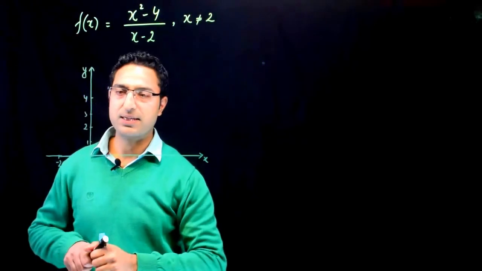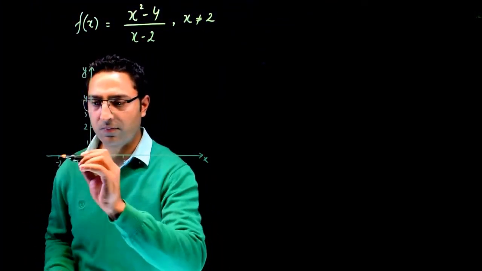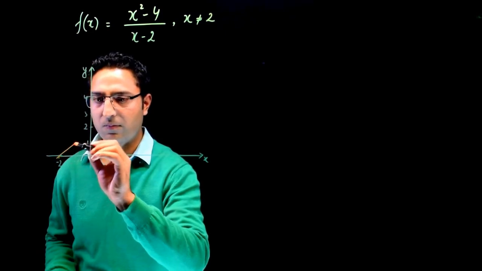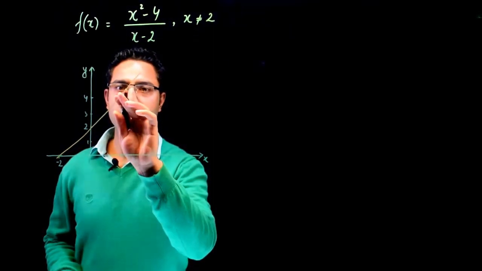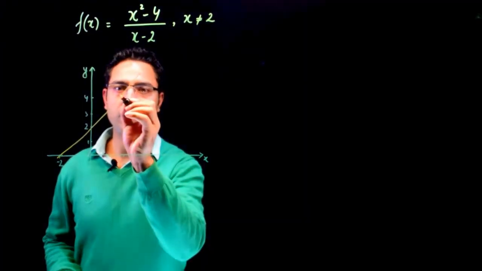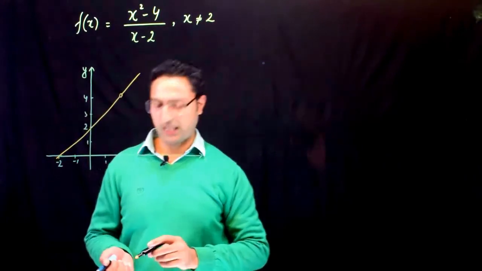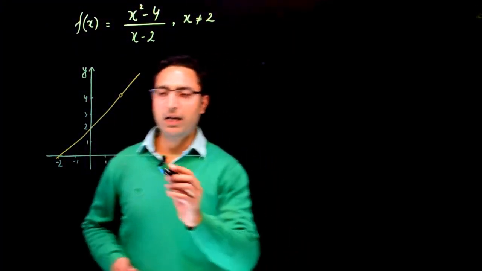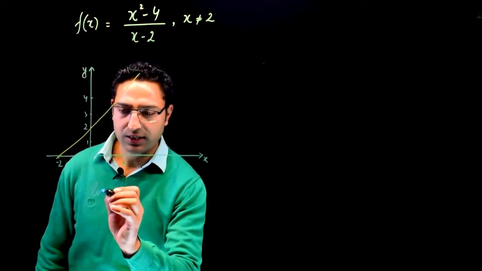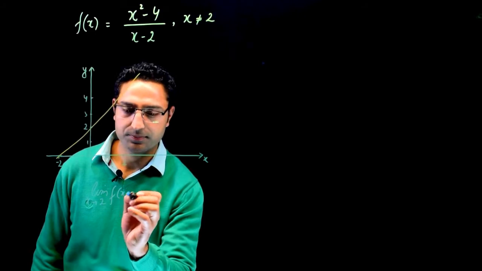Its graph will be just like this, but at 2 it is not defined, so it will have a hole here at 2. This will be the graph of x square minus 4 upon x minus 2. Now we will find the limit of this function, limit x goes to 2 f(x).